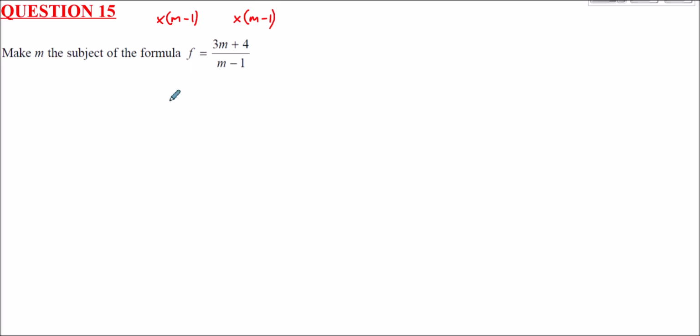So this side over here will become f brackets m minus 1, and on the right hand side, divide by m minus 1 and multiply by m minus 1, that cancels, so we're just left with 3m plus 4. If we now just expand this side, so f times m is fm, f times minus 1 is minus f, then we have 3m plus 4.